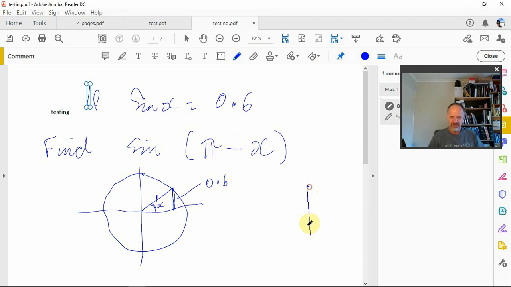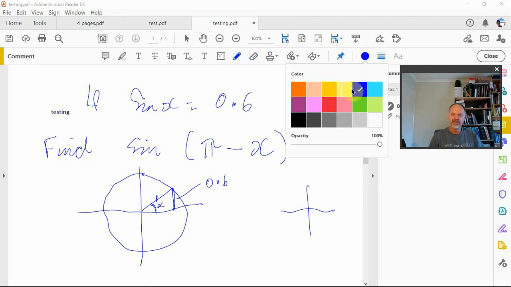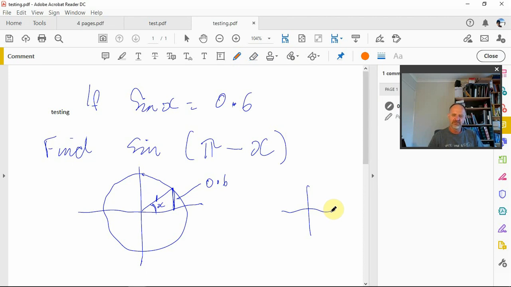As I said before, we measure in the positive direction. So pi minus x, positive is in the anti-clockwise direction, minus x, so we've got to go minus x back to here. So the angle that we're looking for is actually this angle in here.